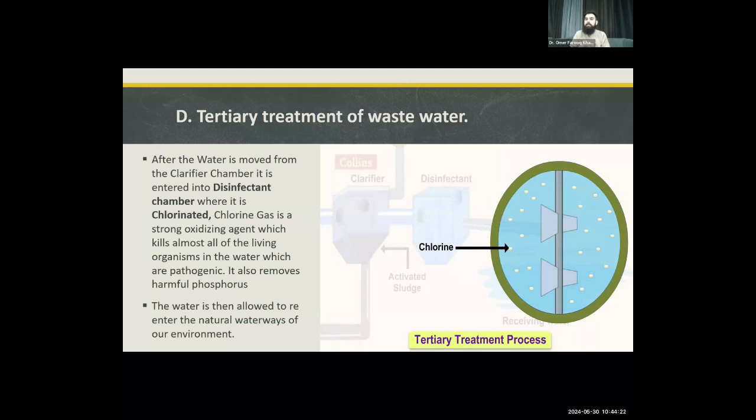It is a very strong gas, and it almost instantly kills all the microorganisms present in any liquid by a strong oxidizing action. The water, which is chlorinated and disinfected, is then allowed to re-enter the natural waterways of our environment. So here, the tertiary treatment of wastewater ends.